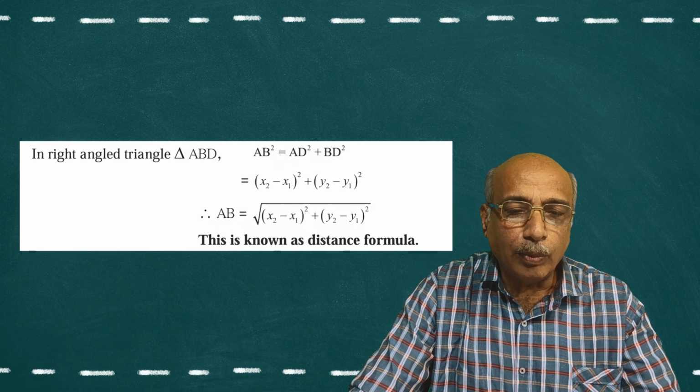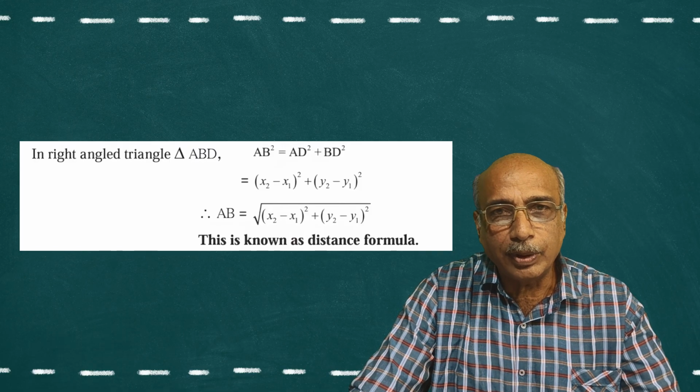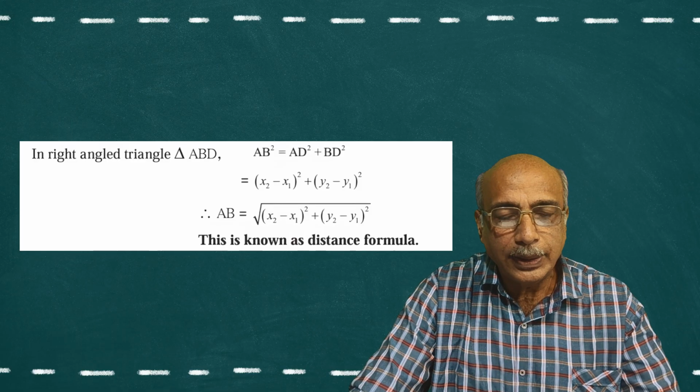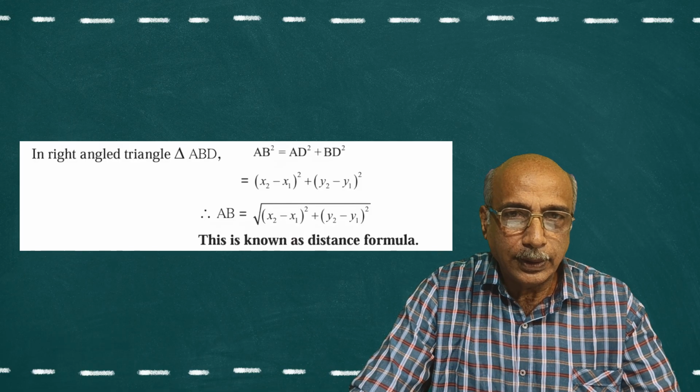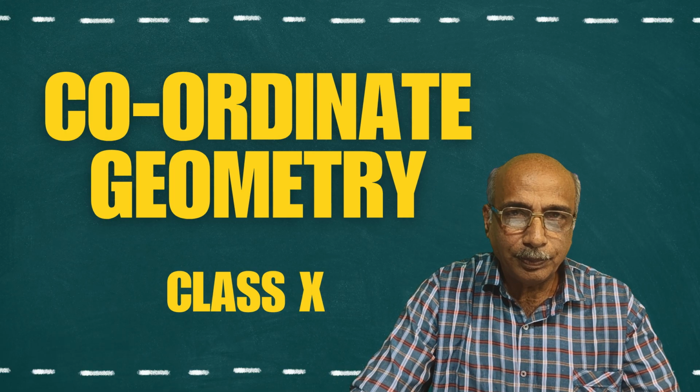Taking square root on both the sides, AB equals root of (x2 minus x1) whole square plus (y2 minus y1) whole square. This is nothing but the distance formula for segment AB as shown in figure, to find out the distance between the 2 points if the coordinates of the points are given.